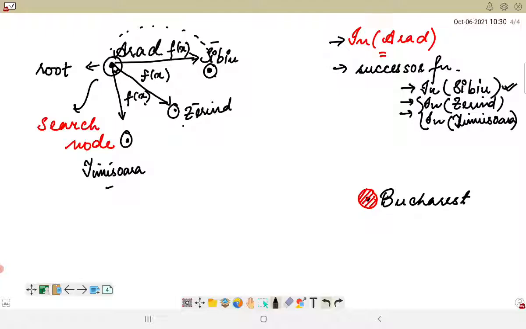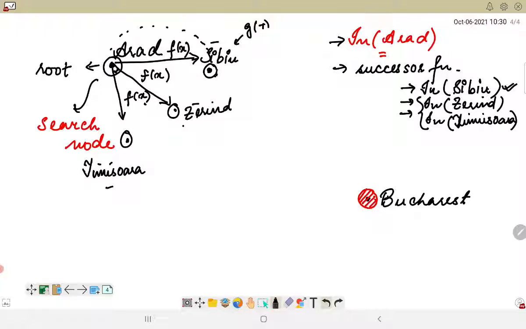And how will I understand whether on selecting Sibiu I will reach Bucharest or not? For this, the next step would be that I will be doing the goal test. Okay, so if this is the goal, my search ends here.